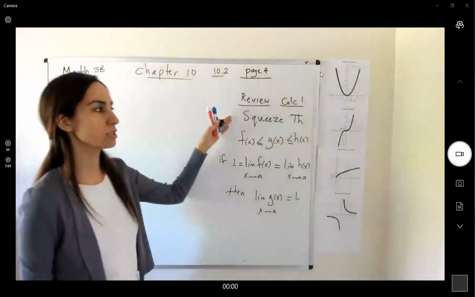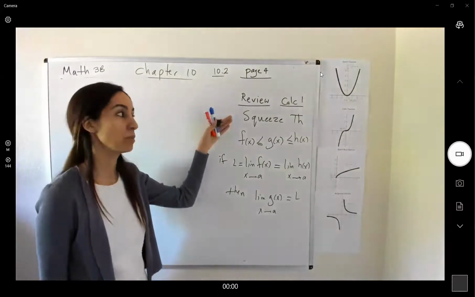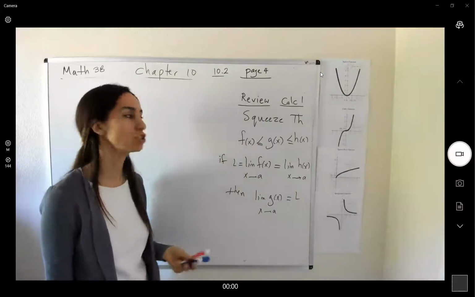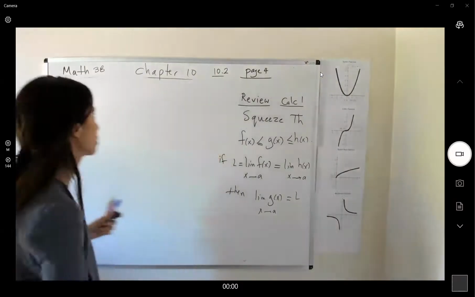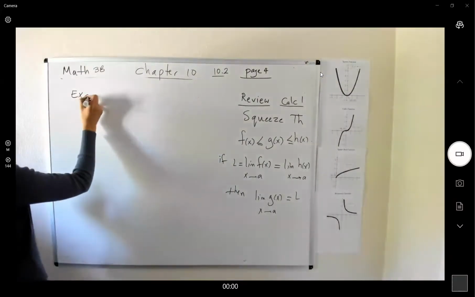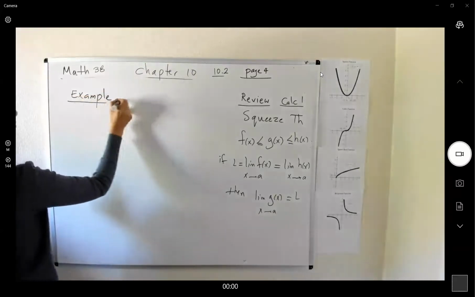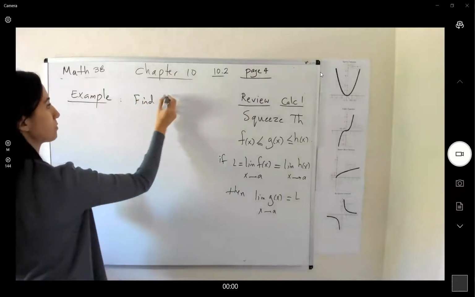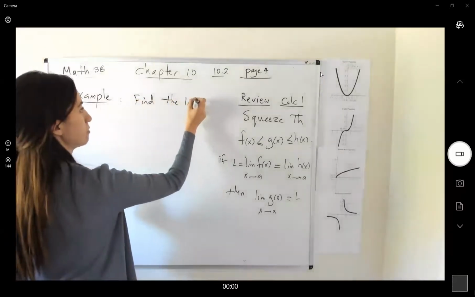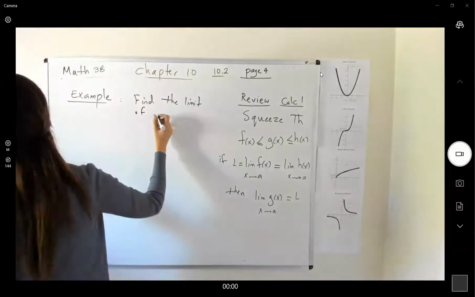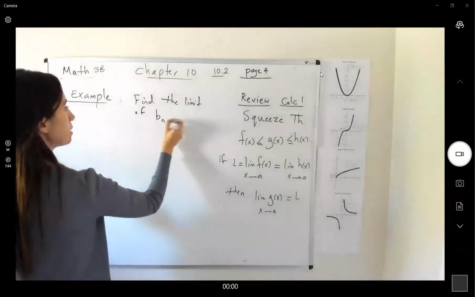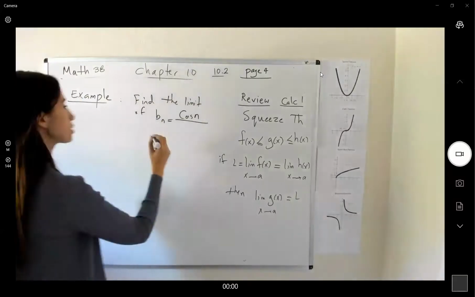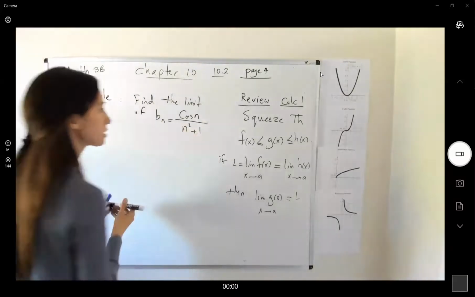So we're going to use the squeeze theorem or sandwich theorem on sequences. Since sequences are just functions, we can apply this theorem. Let's take a look at this example. The example says, find the limit of the sequence Bn, which is cosine n divided by n squared plus 1.